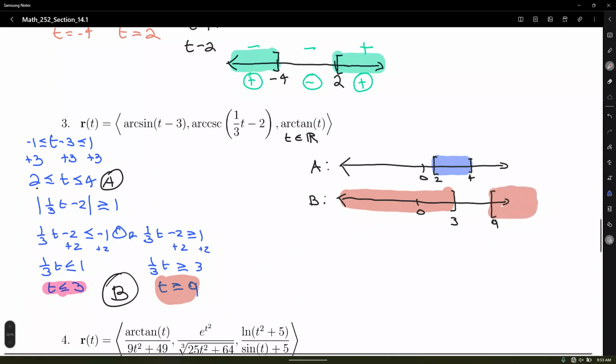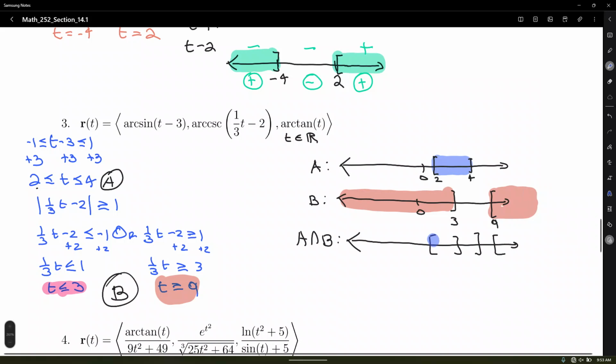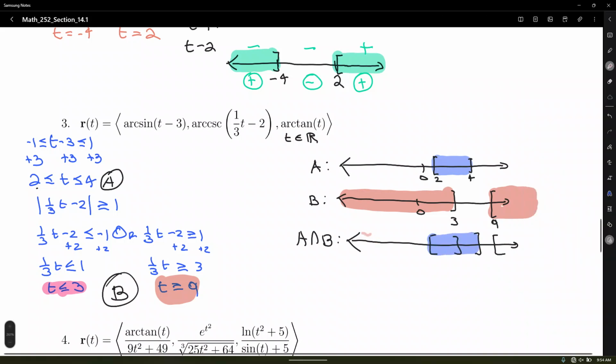Okay. Now we're going to overlap these two sets, A and B. So that is blue here and red the other way for the other set.